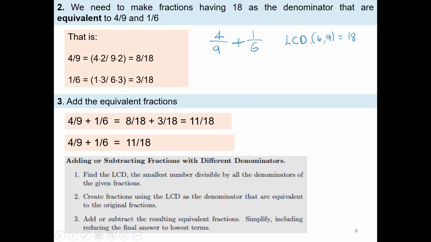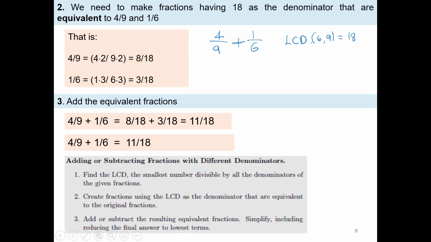And now we know how to add fractions with a common denominator. We just add the numerators: 8 plus 3 is 11, and we keep the denominator. The final answer is 4 over 9 plus 1 over 6 equals 11 over 18.